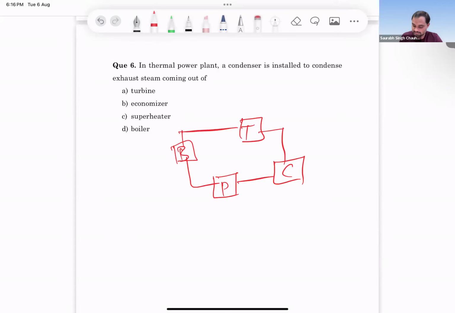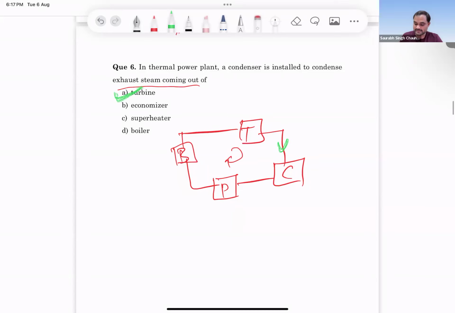So this was the cycle. So condenser is installed to condense the exhaust steam coming out of where? From the turbine, right? So the turbine should be the correct option. So very easy.